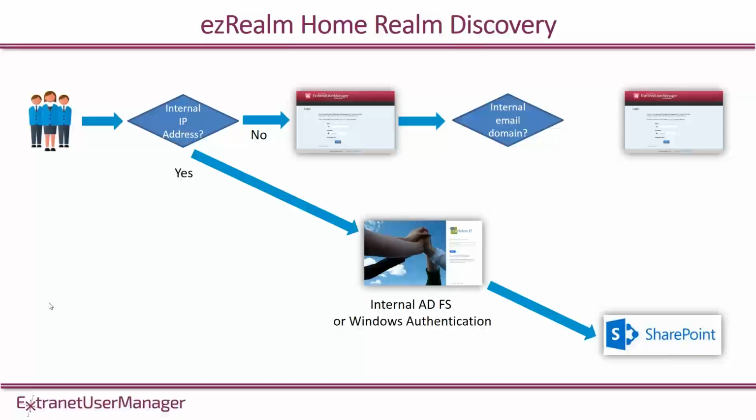So we can say, okay, if they typed in an email address, because we'll show in a minute on the login form, email is the username. If they did type in an internal email domain, again, just take them down through that internal path and let them log in with their regular Active Directory credentials. If not, then we need to continue with the login process, ask them for a password, go through that Extranet login, and then come into the site from there.